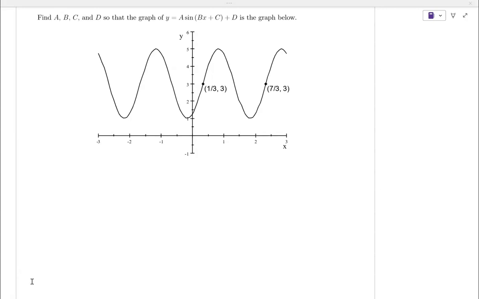That's what these problems are all about: thinking about it from an application standpoint, if you had a set of data, could you figure out what the amplitude needs to be? Can you figure out what the period is, and those kinds of things?